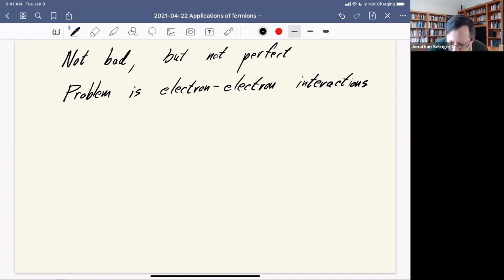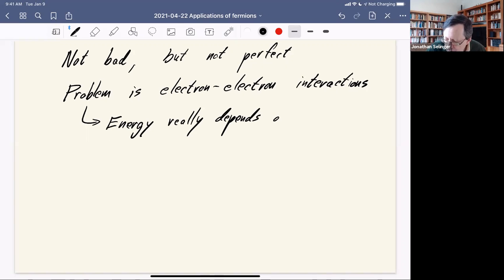Okay? And one way to express the problem is that the energy really depends on L as well as N. In the hydrogenic atom calculation, the energy comes out to depend only on N, not on L. But that's not exactly true, right? That there is this degeneracy, right?